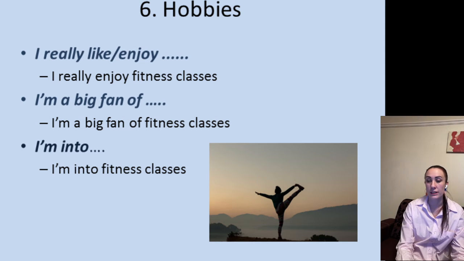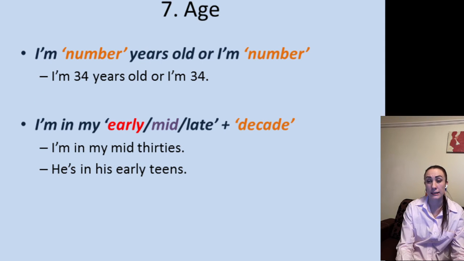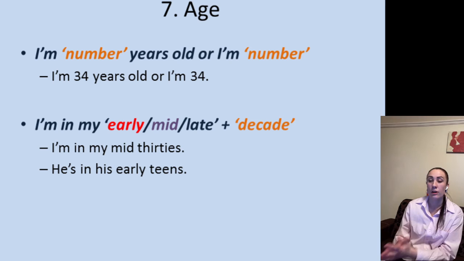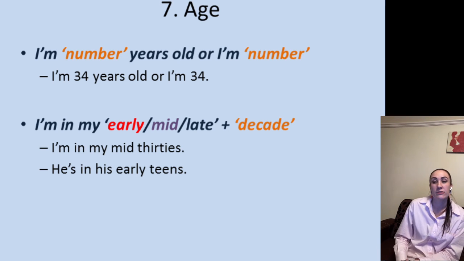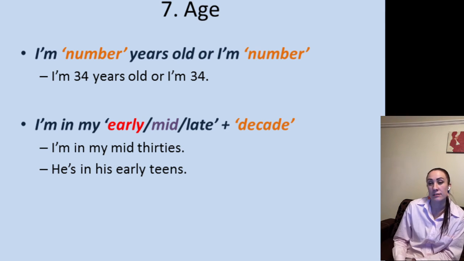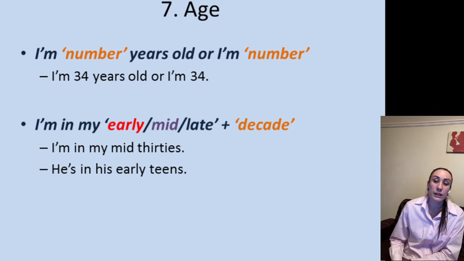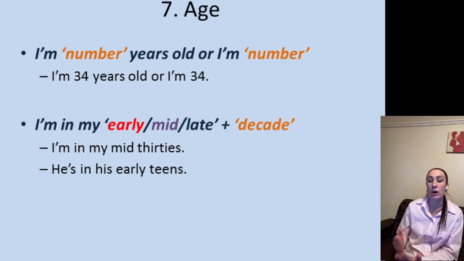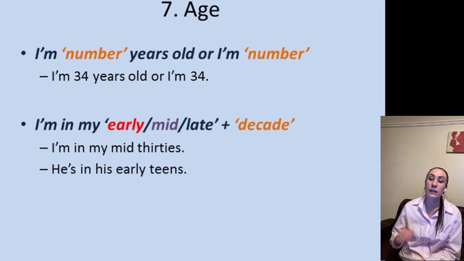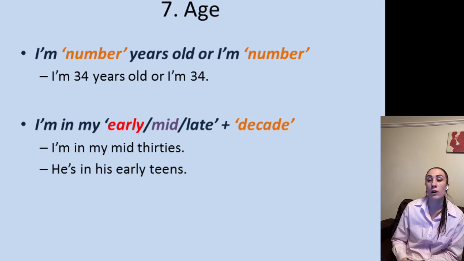Okay, on to the next one, and let's talk about age. Now, ladies might not necessarily like this one, and it's up to you. You don't have to reveal your age. But if you do, here are some phrases that you can use if you want to talk about the age. So you could say, I am or I'm number years old, or I am plus the number.